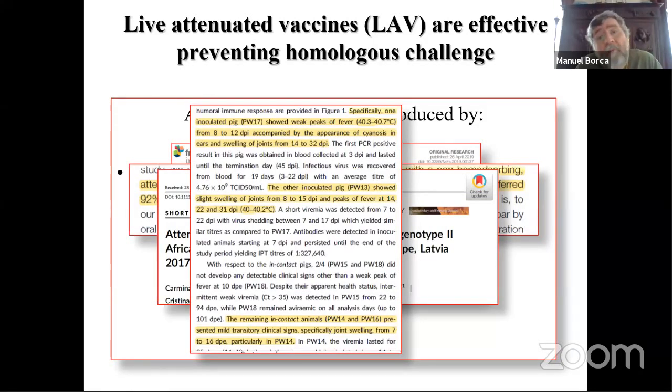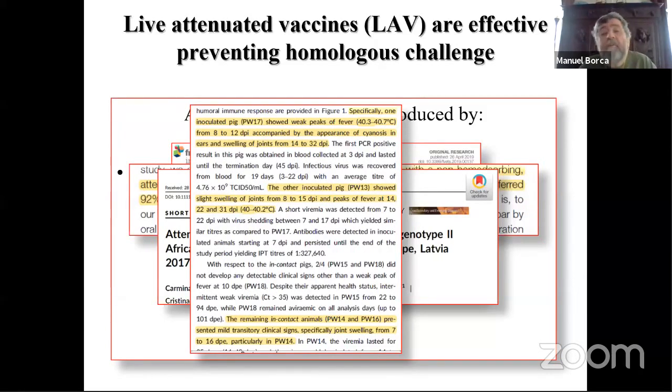And what happened is that both animals in some way developed residual virulence, developed some signs of disease that were a mild disease, but they were disease. And also when they put 4 animals in contact with these 2 directly inoculated animals, half of them, 2, also developed signs of the disease. So the presence of residual virulence was there.